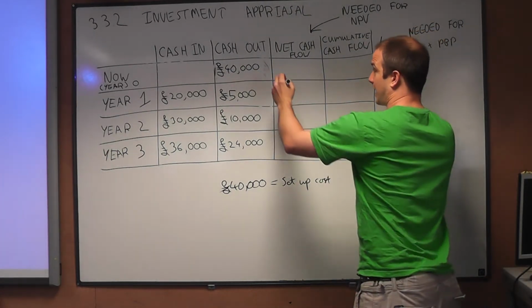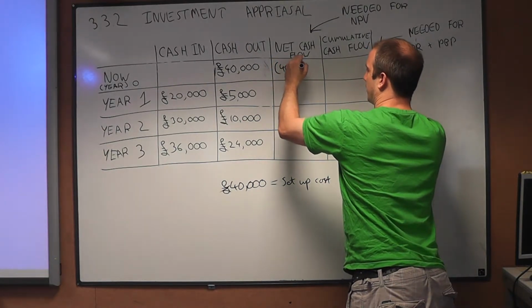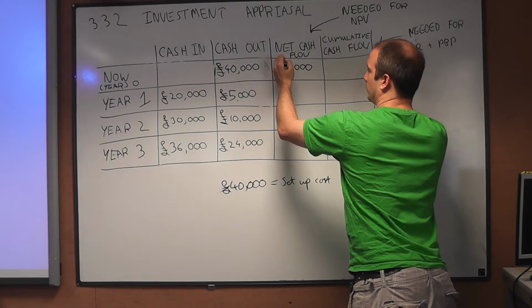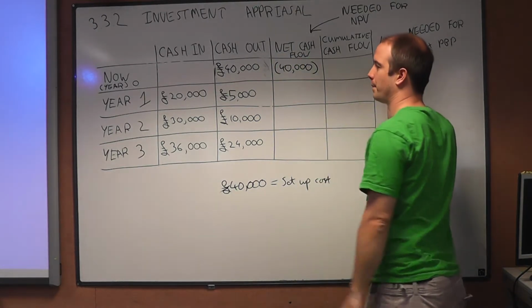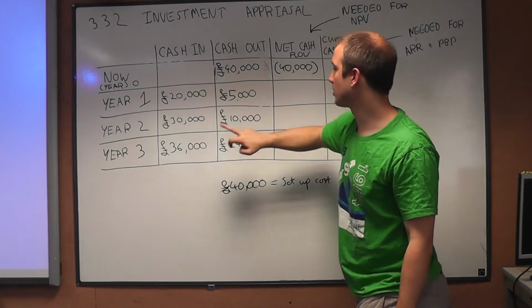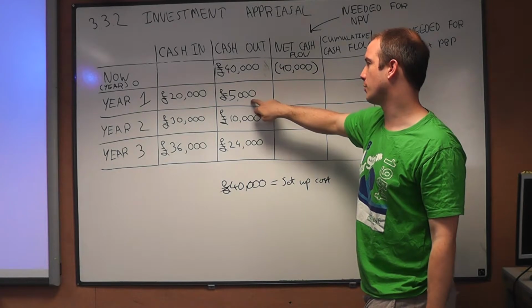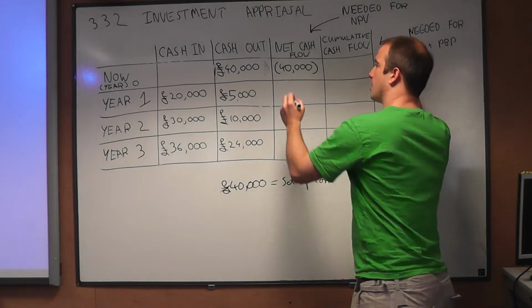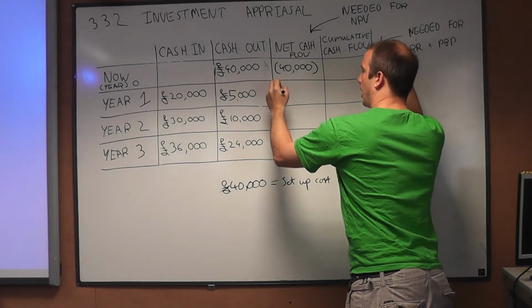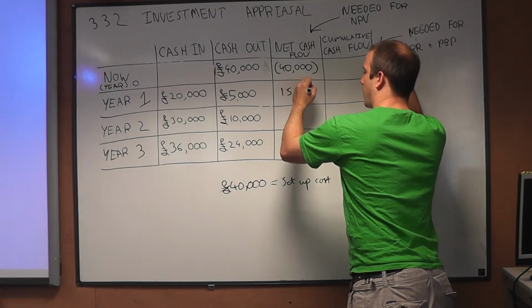So our net cash flow, in this case, is going to be negative £40,000. Now, the following year, we had a cash in of £20,000, but we paid our £5,000 cash out. This could be the variable cost of the machine. So the net cash flow, therefore, would be £15,000.